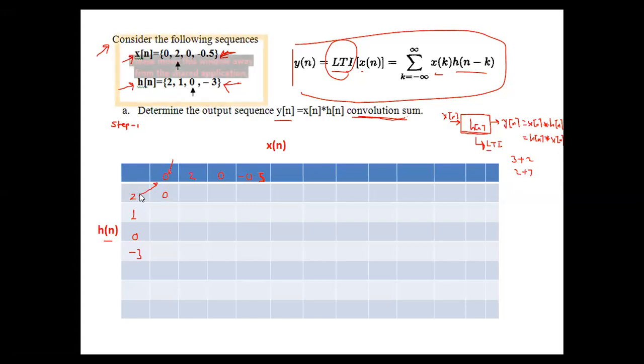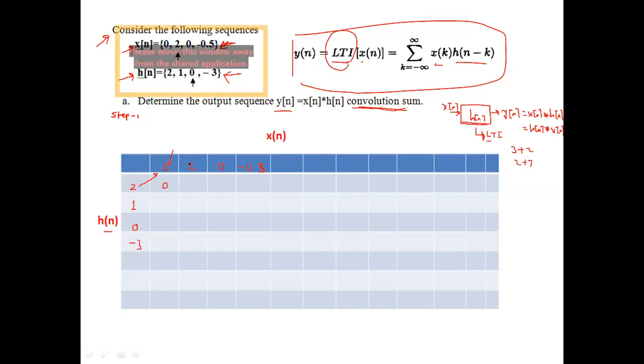We get 0. 2 times 2, 4. 2 times 0, 0. 2 times minus 0.5, it will be minus 1. Am I right? I am multiplying the first h of n here with all samples of x of n here.